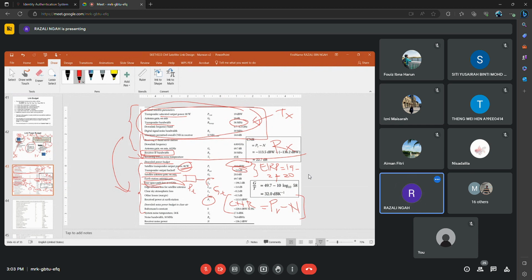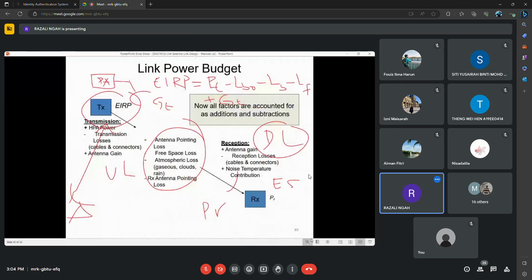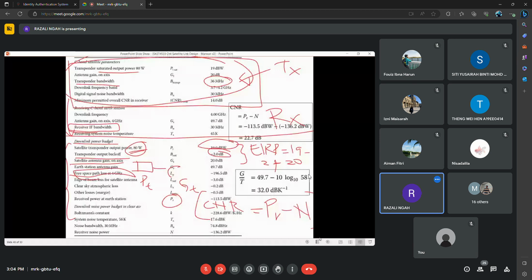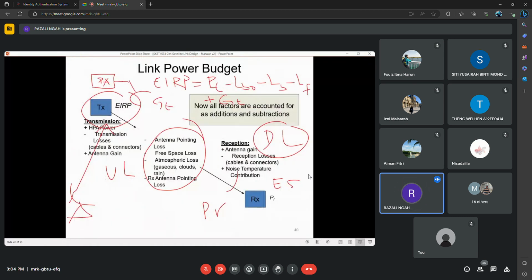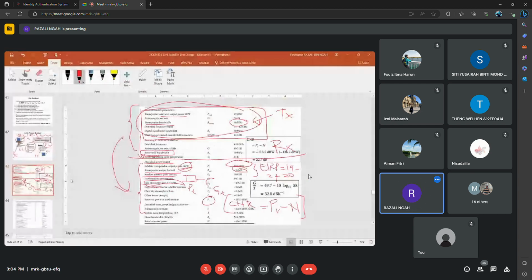So edge of beam loss actually refers to, not sure you can see, but the problem is I cannot use my pen. This refers to your receiving antenna. The receiving antenna is not located in the center of the footprint.